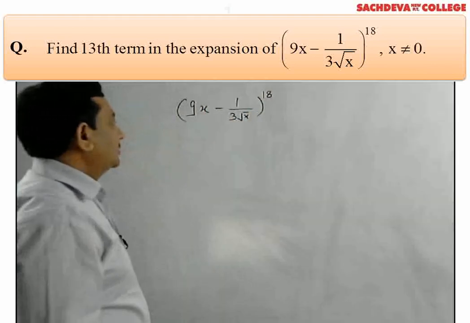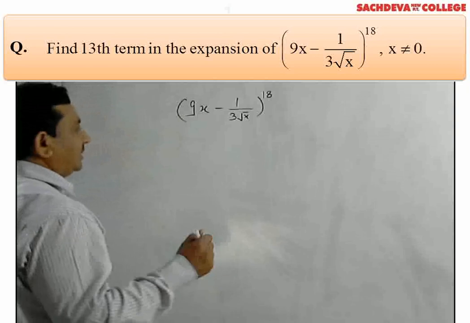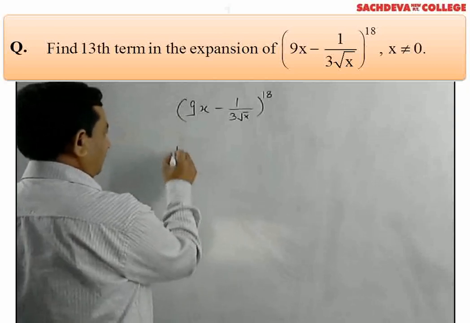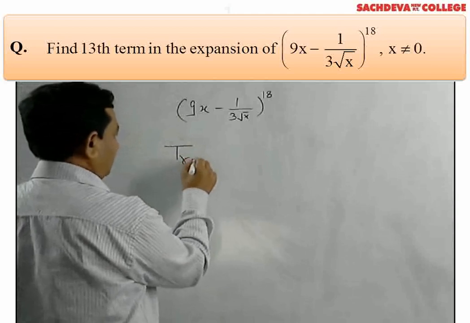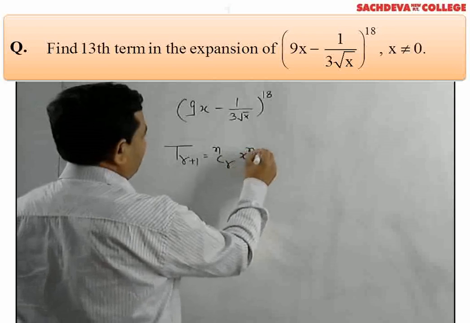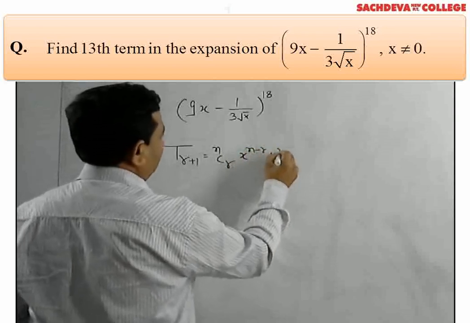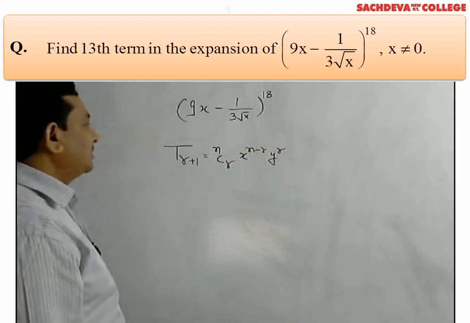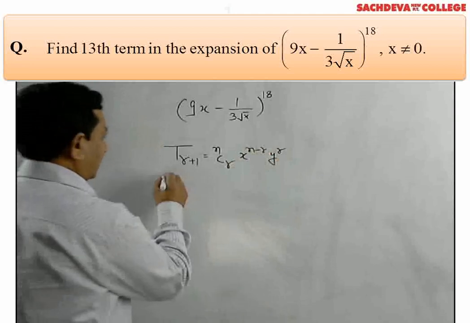We know that the r plus 1th term in the expansion of (x plus y) to the power n is T(r+1) equals nCr x to the power n minus r y to the power r. This is the r plus 1th term in the expansion of (x plus y) to the power n.